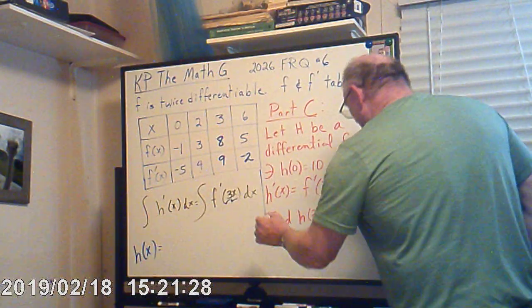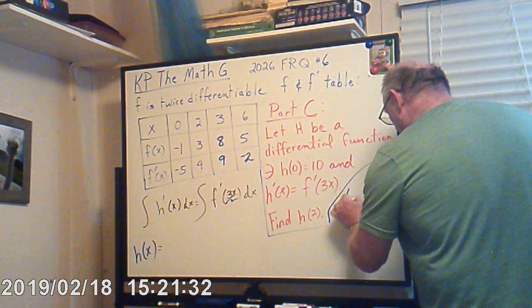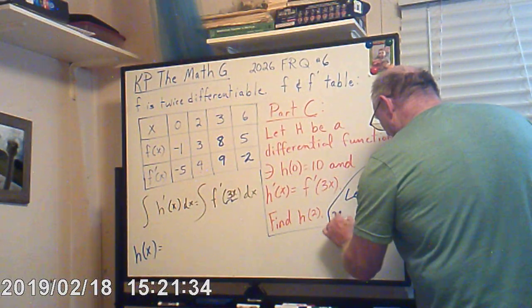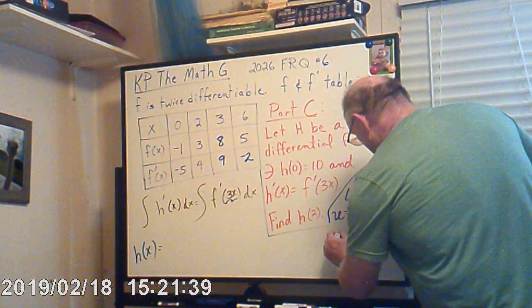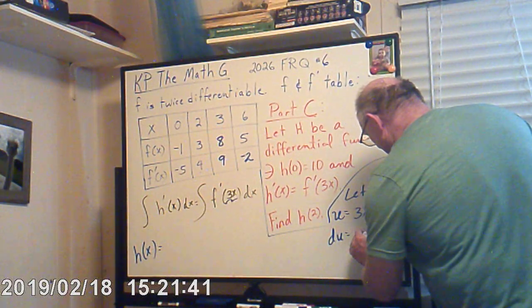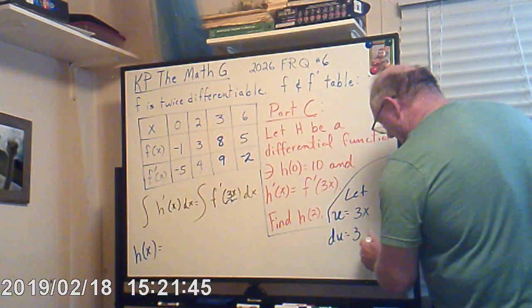So on the side, we're going to let u be equal to 3x. So du is equal to 3 dx, since the derivative of 3x is just 3.